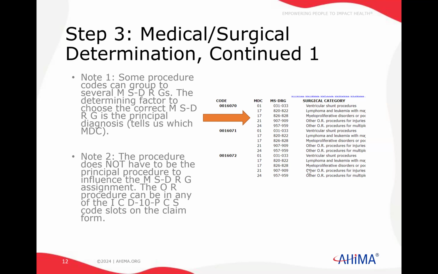So you could use shunts and other certain procedures for a number of different principal diagnoses. That's where the rubber meets the road. And the procedure does not have to be the principal procedure to influence the MSDRG assignment. The OR procedure can be any of the ICD-10 PCS code slots on the claim.